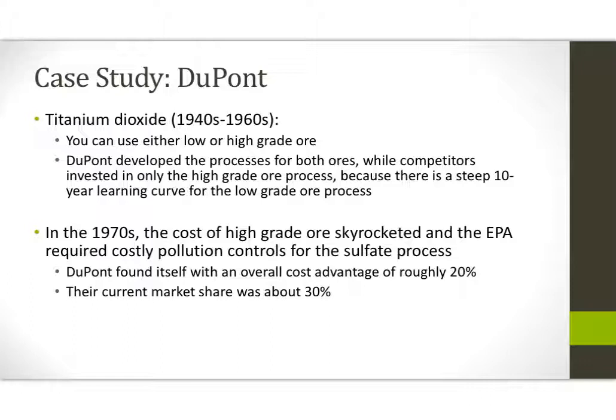This gave DuPont a cost advantage since they had spent the time and effort and money developing the process for both types of ore. They now had a 20% cost advantage over their competitors. And at the time, just keep this tucked away, their market share in this industry was about 30%. So that's where they were when this all went into place.